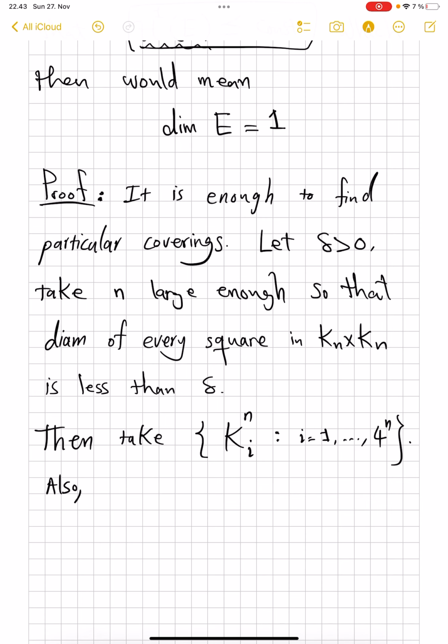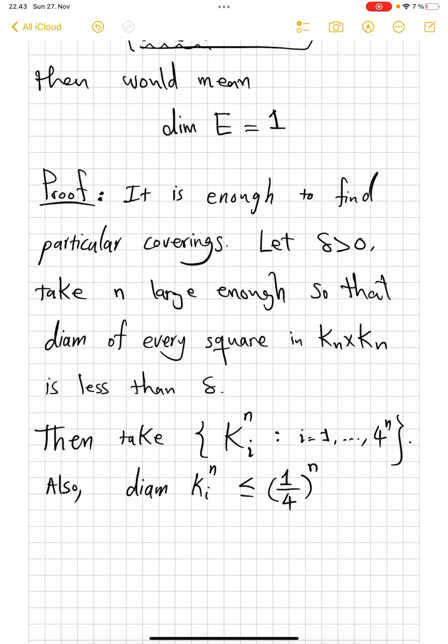Then also we see that the diameters of each one of these, Ki to the power n, is less than or equal to 1 over 4 to the power n, because again, every time the new squares have 1/4 the length of the previous one.